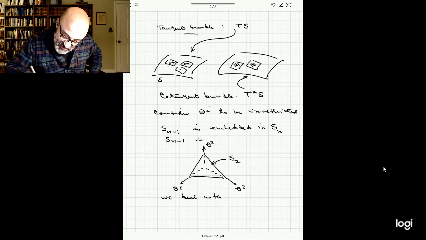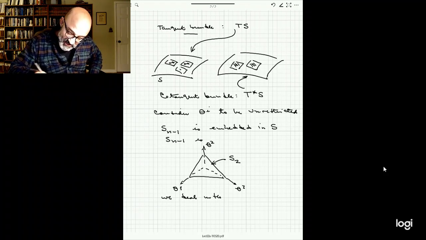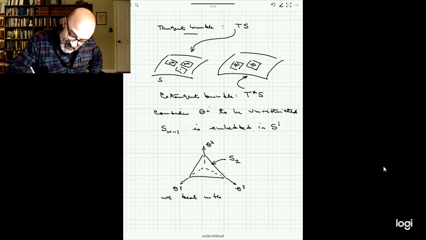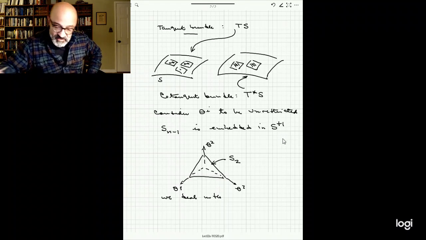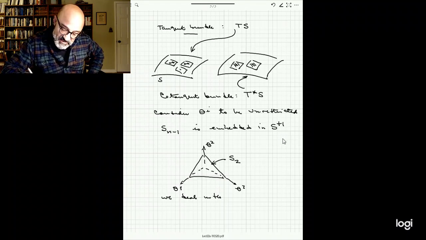Actually, this is not quite correct. We should write it as embedded in a space. We're going to take the two-dimensional space and embed it in a space of dimension n. Okay, so this is dimension n.